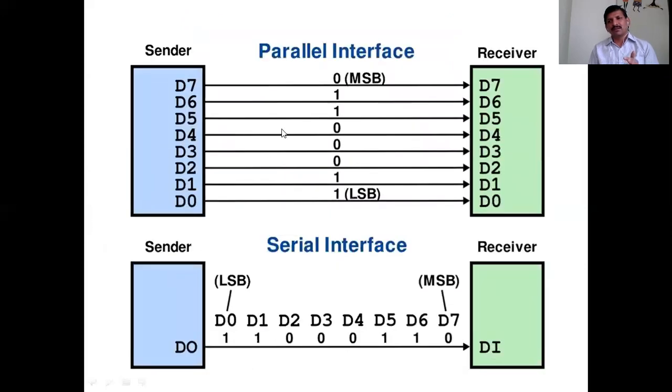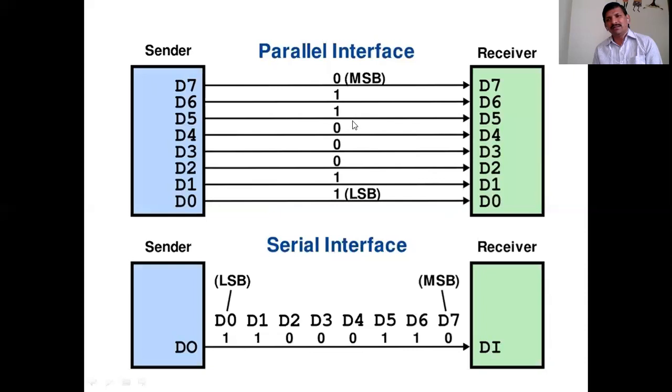Next, the disadvantage is somewhat lower speed when compared with parallel communication, because in parallel communication, in a single cycle, we are transmitting multiple bits, either 8 bits, 16 bits or 32 bits, depending upon the cable width.